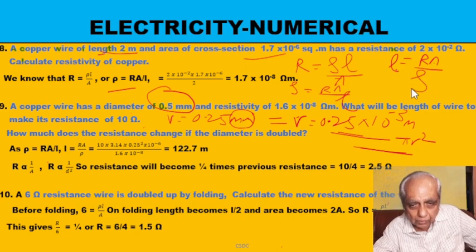So R, substitute whatever the value is given, in ohm meter, 1.6 into 10 raised to minus 8. Area you will do pi R square, and we have to take 0.25 into 10 raised to minus 3 as the radius. So area would be pi, means 3.14, into R square of this.